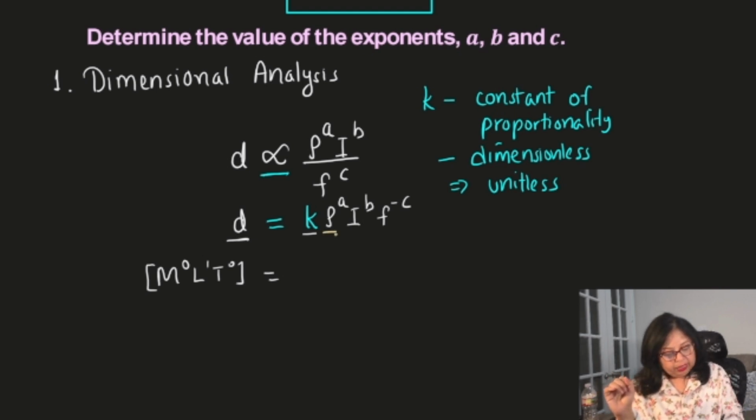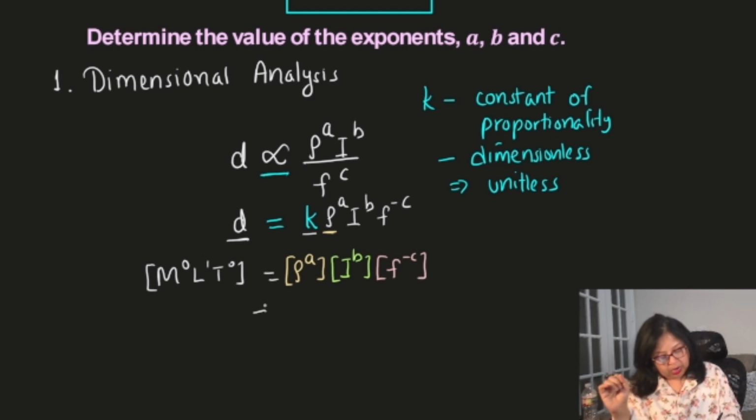I'm going to write next the dimensional formula for rho to the power a times the dimensional formula for I to the power b times f to the power minus c. Next, I'm going to pull these exponents out of the brackets.